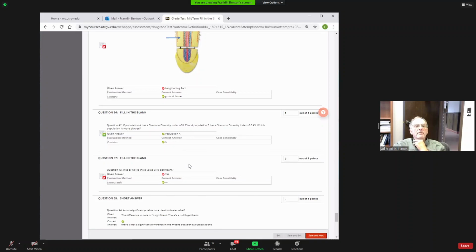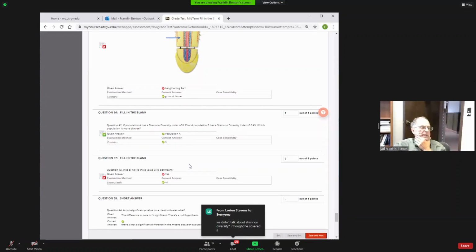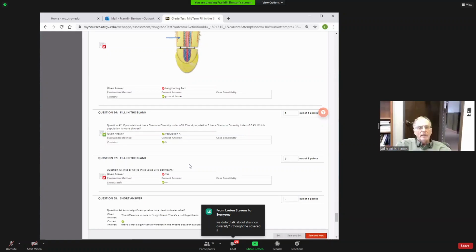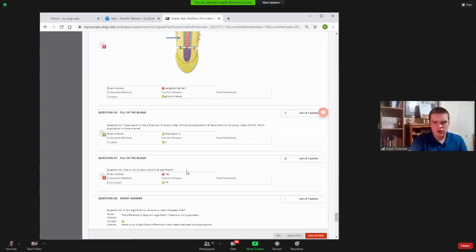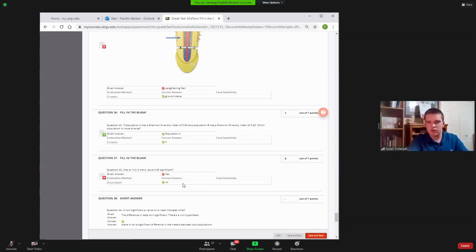Is a p-value of 0.49 significant? Not even close. Okay, what does it have to be to be significant? Less than 0.05. Right. You are correct. But was there a question on the exam that had it at 0.049? There was. I would have sworn that's the question I had, and the answer then is yes.